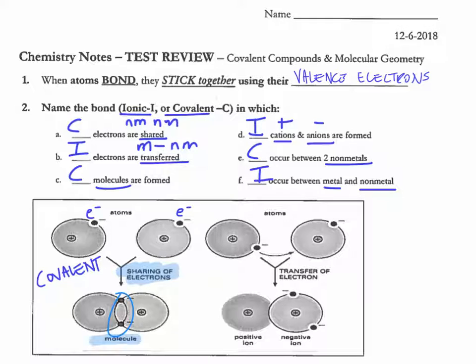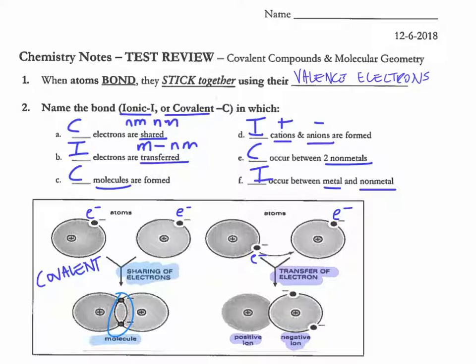On the right, I've got the same or similar things where I've got an atom and an electron. Over here, I've got another atom and an electron. But what's different about these is that this electron is being transferred to this atom. And it even mentions here that there's a transfer of electrons. So that is a key. It also goes on to say that after they bond, there's a positive ion and a negative ion formed.